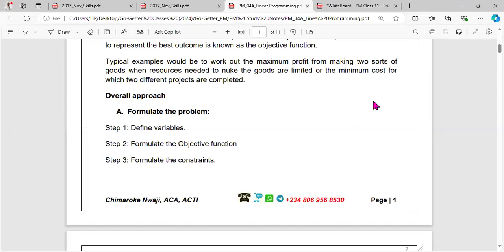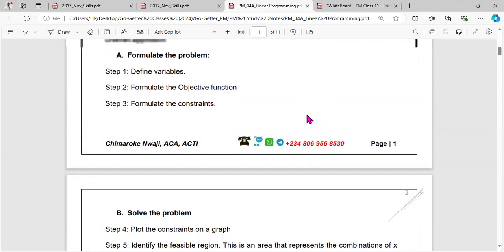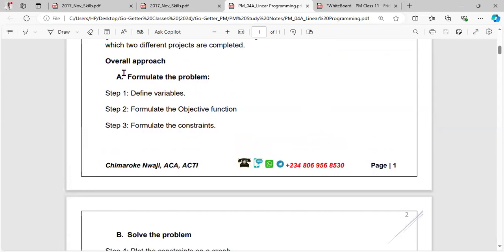Second, you need to formulate the objective function. The objective function could be to maximize contribution. Then you need to formulate the constraints. After that, you will need to solve the problem. So the first part of the approach is to formulate the problem by defining variables, objective function, and the constraints.